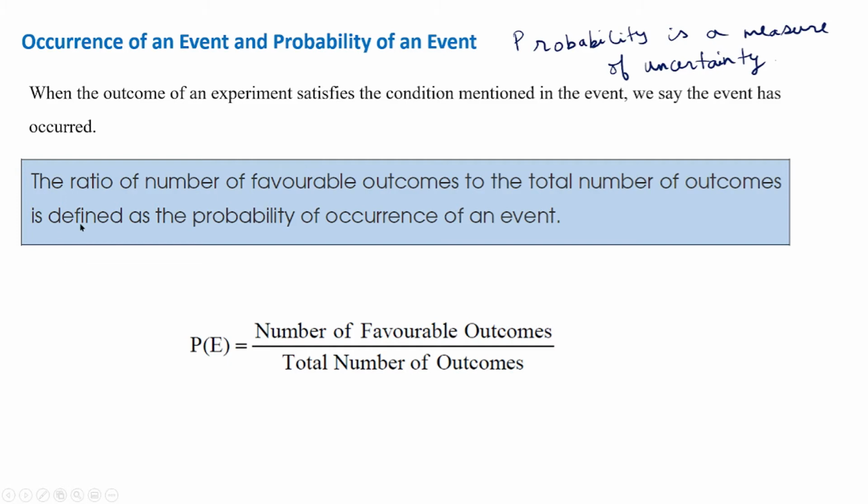It is given by the ratio of the number of favorable outcomes to the total number of outcomes. So the probability of occurrence of an event is given by the number of favorable outcomes upon the total number of outcomes. This is how we can find the probability of an event.